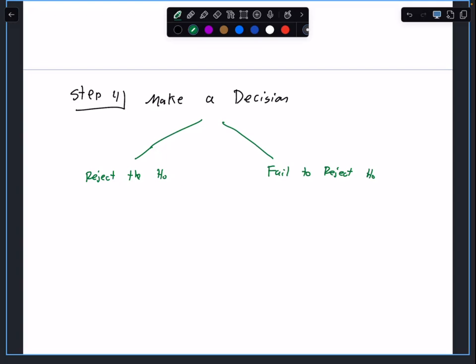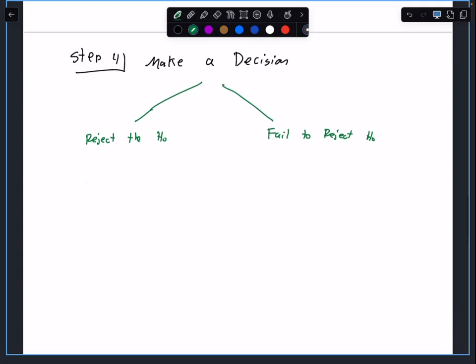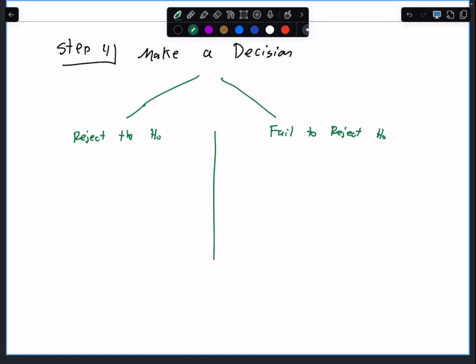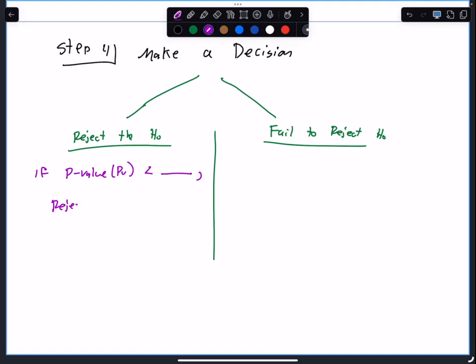Now, how do we know which one we do? We reject the null hypothesis if the p-value, or PV, I'm going to write it as PV, is less than blank, we reject the null hypothesis.